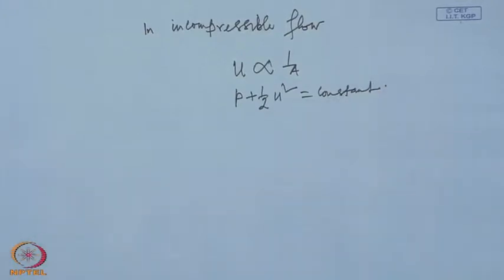And we get the velocity field as well as the pressure field, the only two unknowns in an incompressible flow.